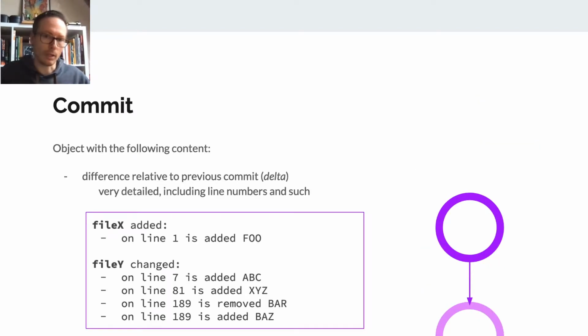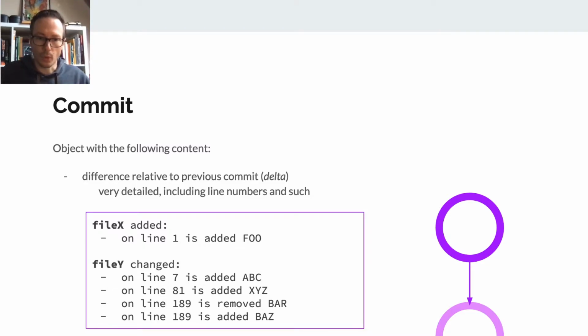So for instance, a commit could contain something like this, showing what files were changed and on what line numbers. As you can see in line 189, Git sees the change of BAR to BAZ as two different changes. It won't detect character changes, but sees them as a whole line being changed.